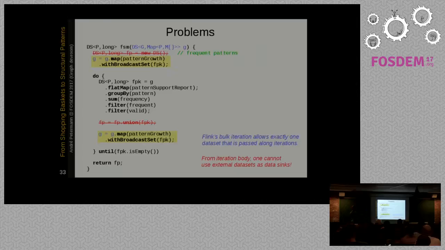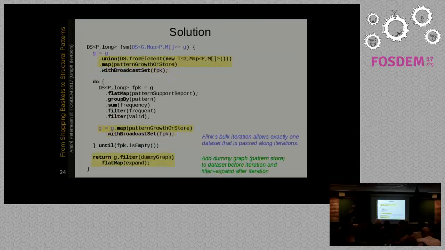But this does not work for the union operation and our data set collecting all the frequent patterns of all iterations. This is where we use a very hacky approach. At the beginning of the data flow, we added to the graph data set a new empty graph element, which is an empty graph with an empty map.